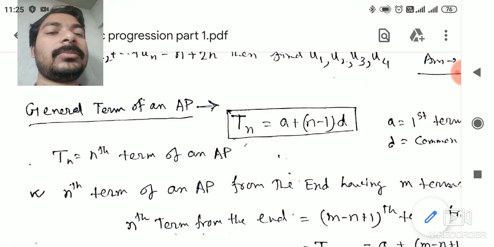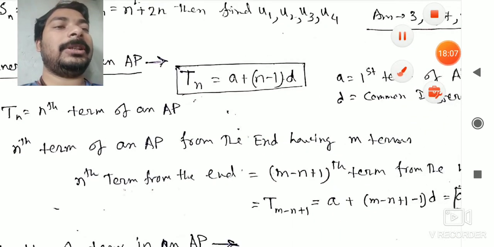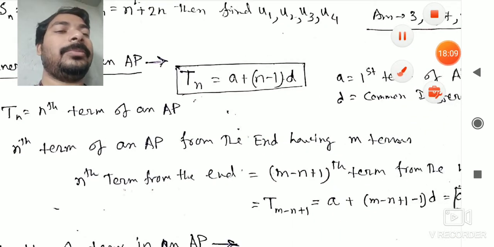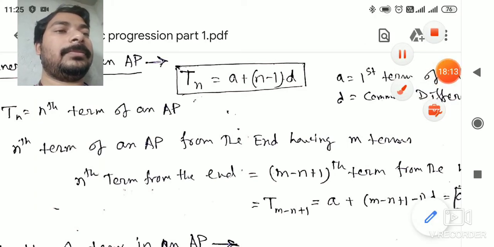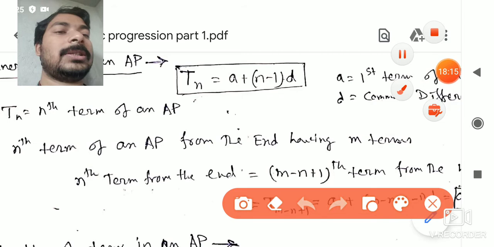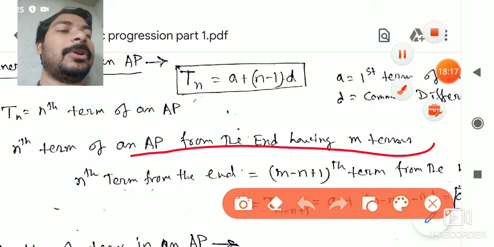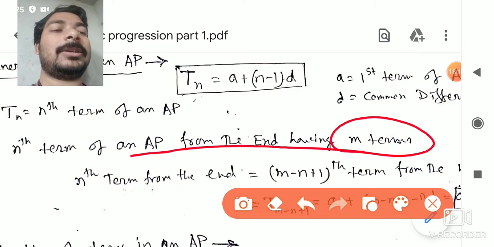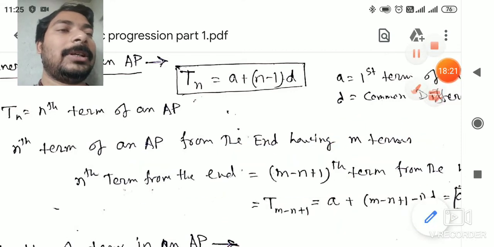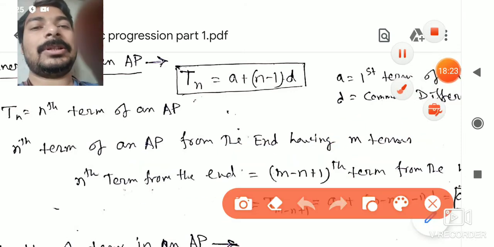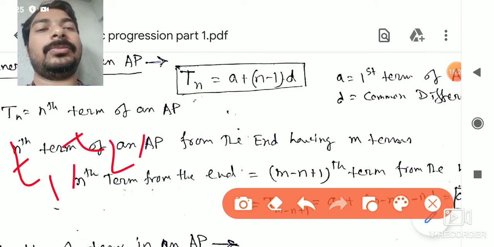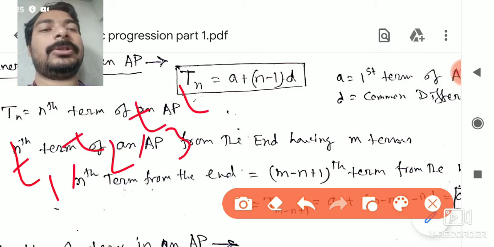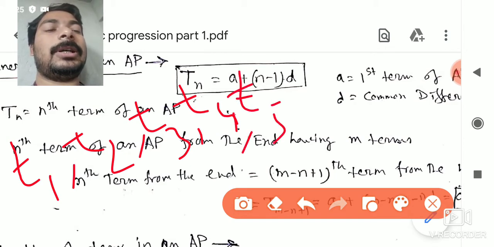Now another important thing: what is the nth term from the end of an AP having m number of terms? Let me write a basic example. Suppose it is term 1, term 2, term 3, term 4, term 5, and term 6.